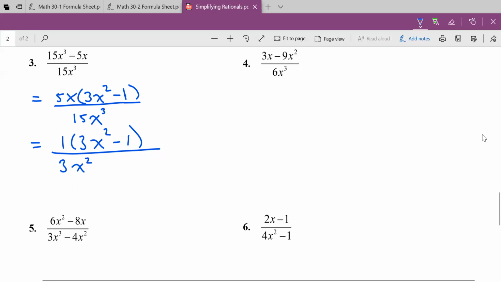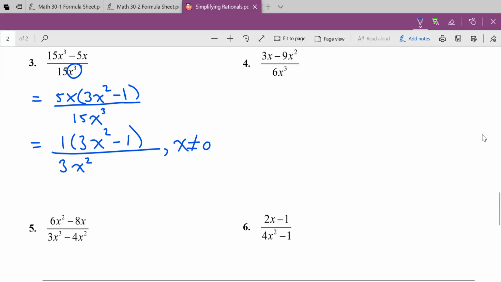So although I agree 3x squared divided by 3x squared is 1, it doesn't divide into the negative 1. So we can't divide this. This is our final answer right there. Now, the only thing, again, we're missing, which we have to go and find, is our NPV. Well, coming back up to here, it's simply x can't equal 0.